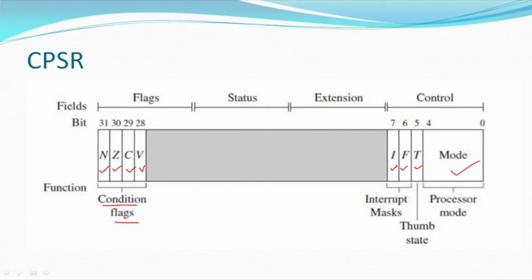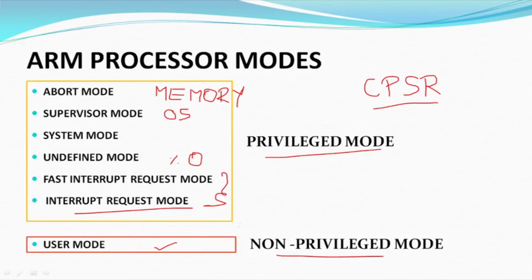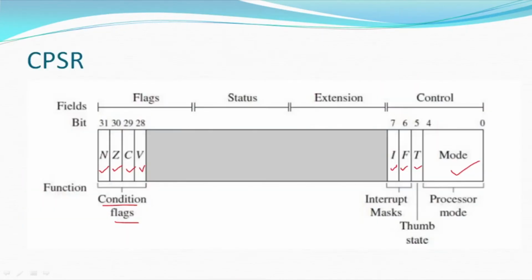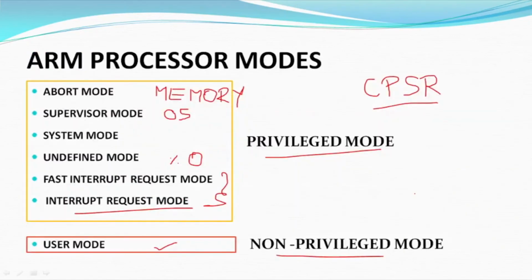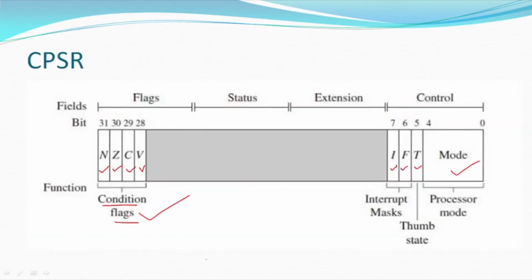But if you consider the conditional flags here, even in case of non-privileged mode, these contents, that is the conditional flag contents, can be modified. Any other contents cannot be modified in non-privileged mode. But that is not the case with privileged mode. Any content of the entire CPSR can be modified.